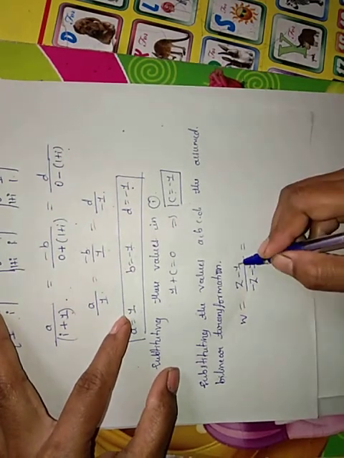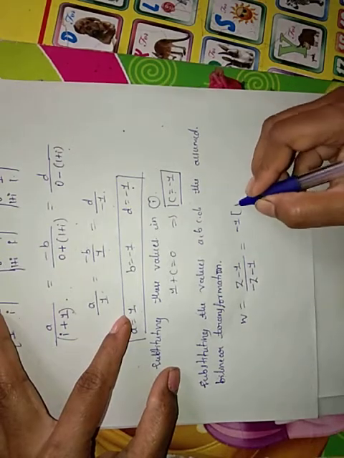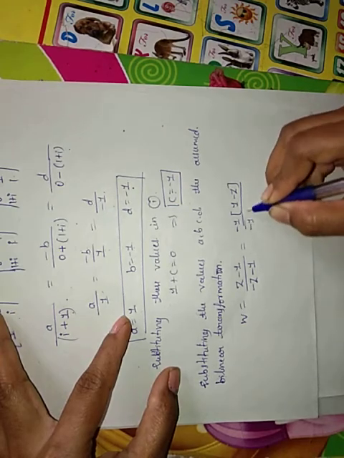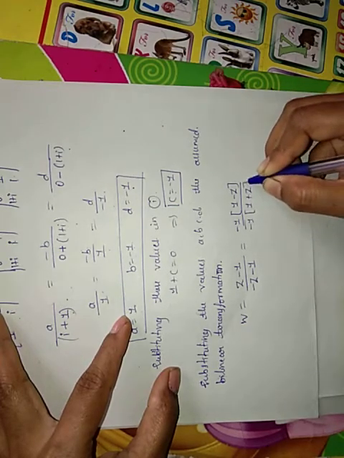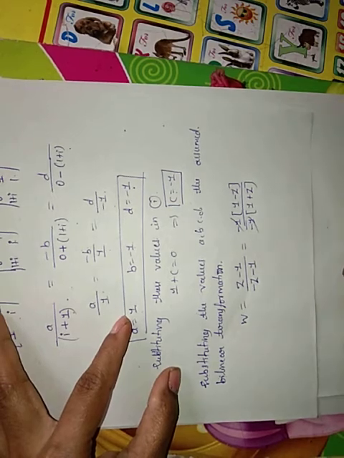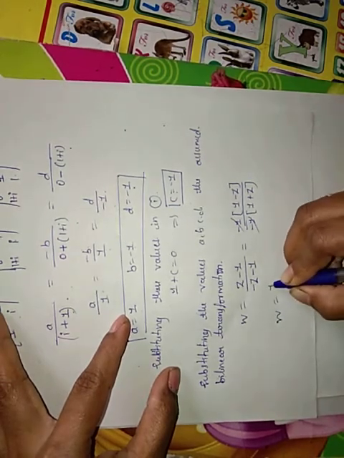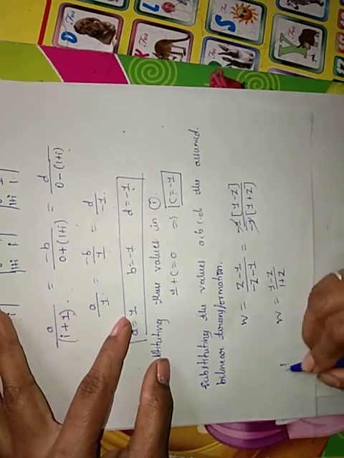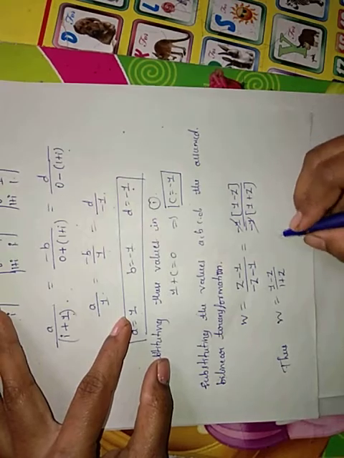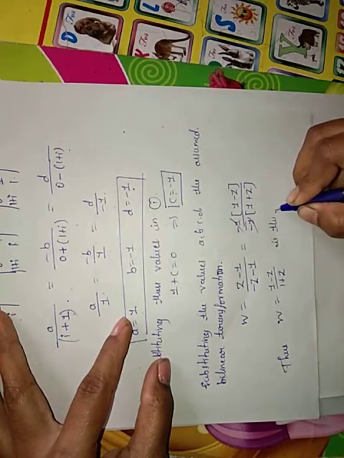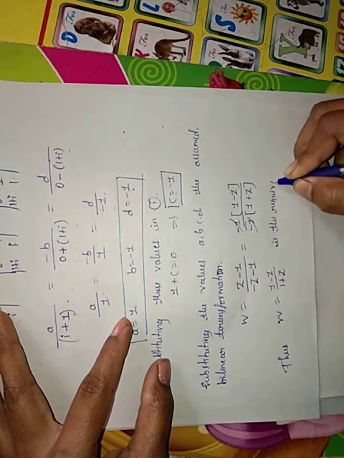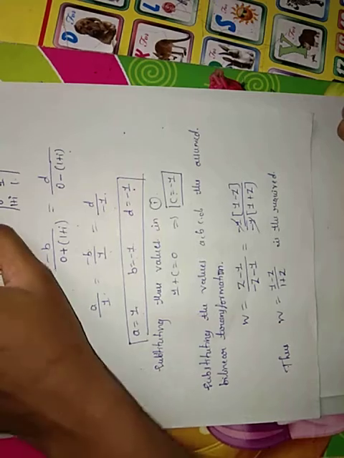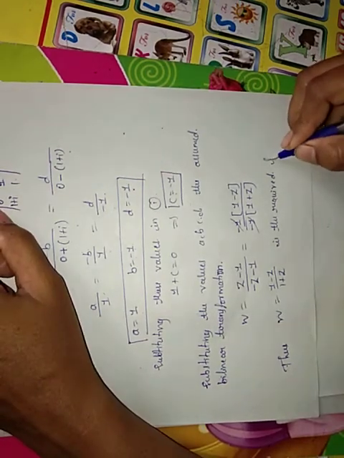Now in the numerator take the minus 1 common, then the equation becomes 1 minus Z. In the denominator take the minus 1 common, 1 plus Z. Minus 1 cancels. So W equal to 1 minus Z divided by 1 plus Z. So that is the required. Thus W equal to 1 minus Z divided by 1 plus Z is the required bilinear transformation.